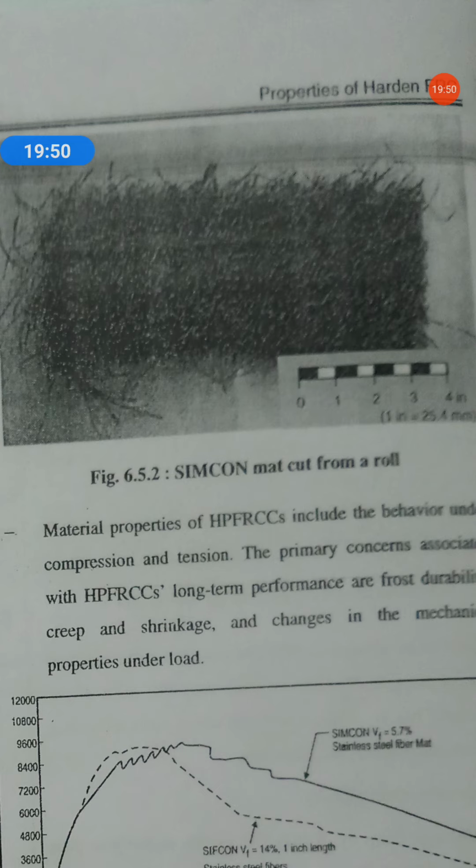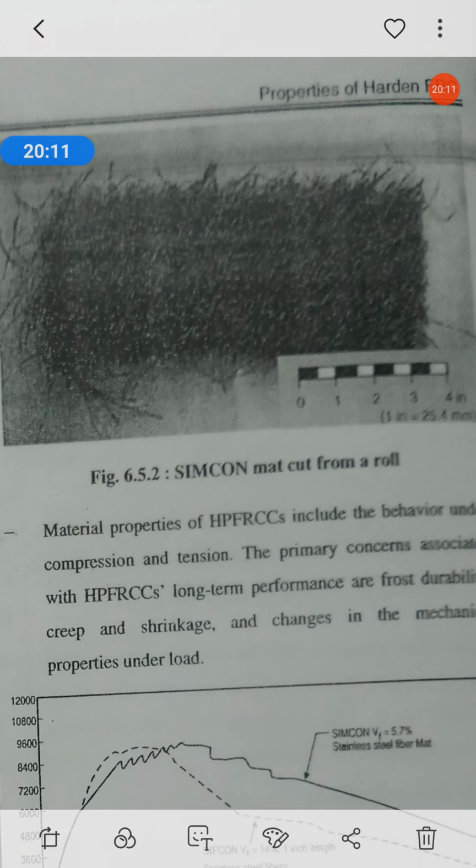In mat concrete you need a fiber mat and a high strength slurry, and by the combination of these two things you will get a good concrete that possesses much better strength compared to plain concrete. So this is all about Simcon and Sifcon.